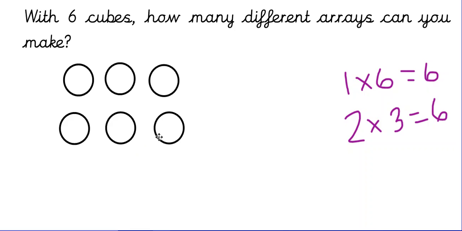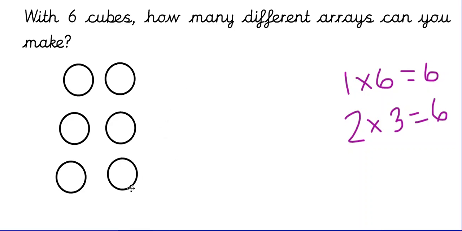Let's see if I can do it by making 3 groups. This time I've got group 1, group 2, group 3. I've got 2 in group 2, 3 in group 1 and 1 in group 3. If I take one away from group 1 and give it to group 3, I have got another equal group. So this time I've got 3 multiplied by 2, okay, because I've got 3 groups of 2.